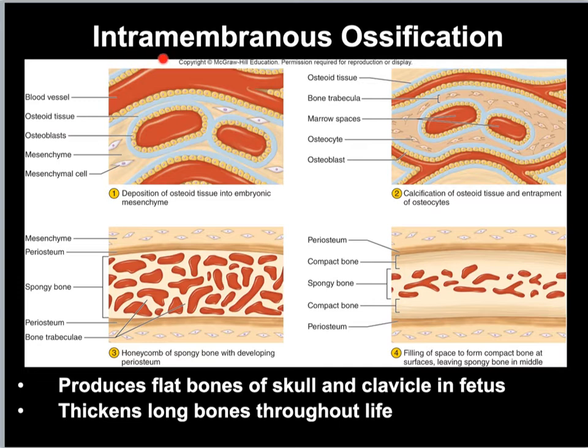So intramembranous ossification. Remember, ossification means developing bone, and here intramembranous means within a membrane. This is the way most flat bones, short bones, and irregular bones are going to develop in a fetus.